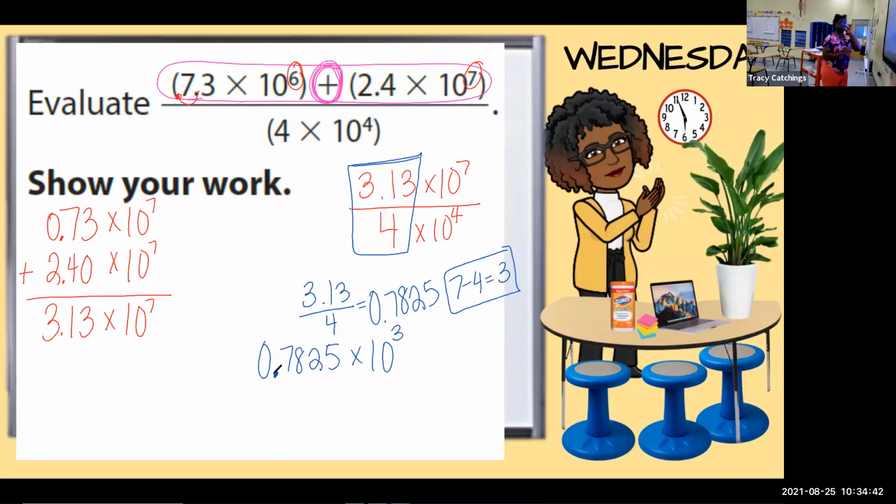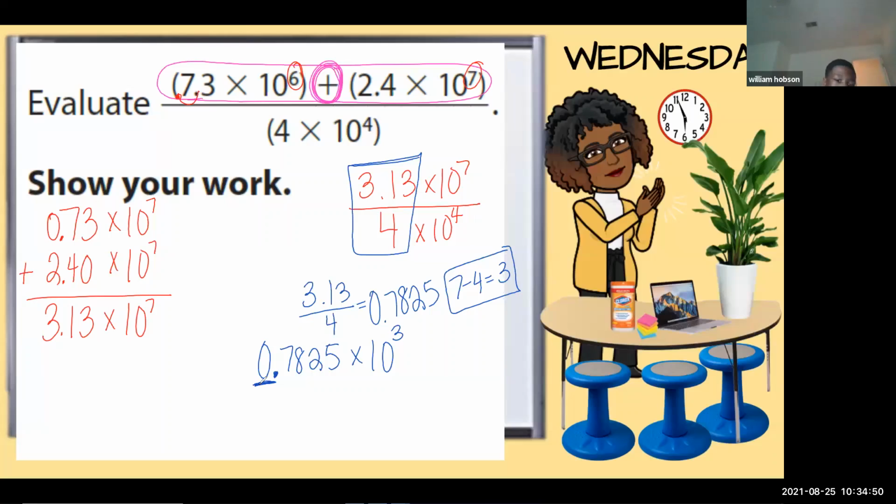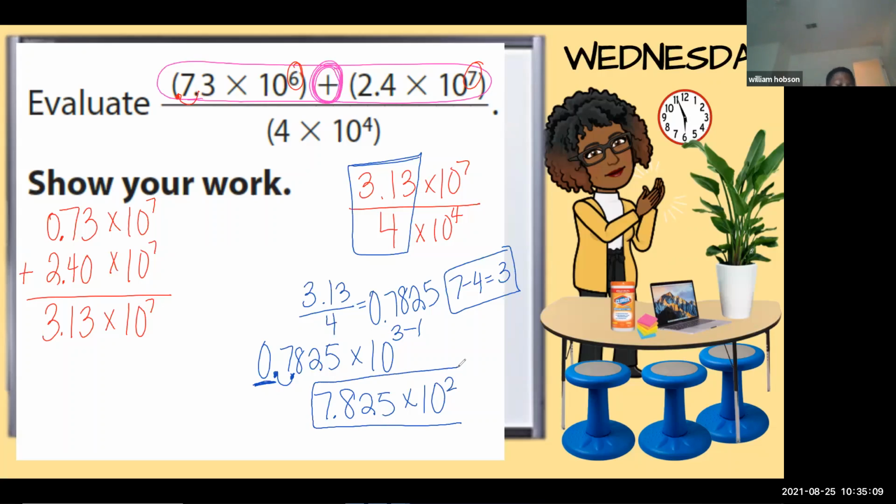How many digits need to be in the front? 1. Is 0 considered a digit? No. Okay, so that means we need to shift. So we're going to take one from that exponent. So now we have 7.825 times 10 to what power? The second. Good job, 2.